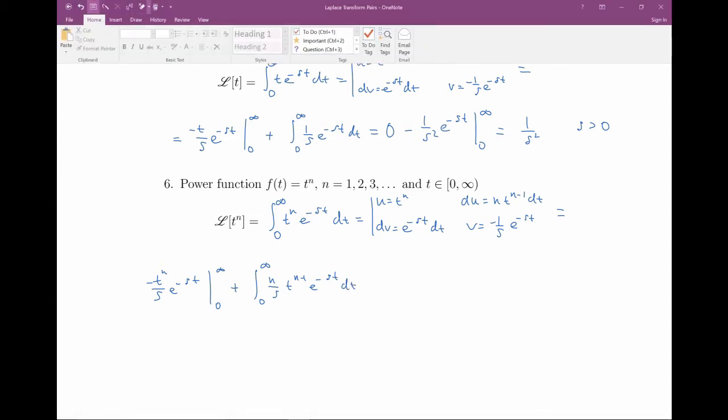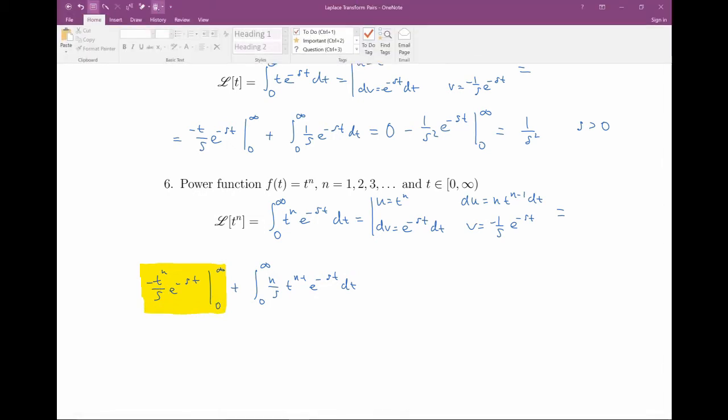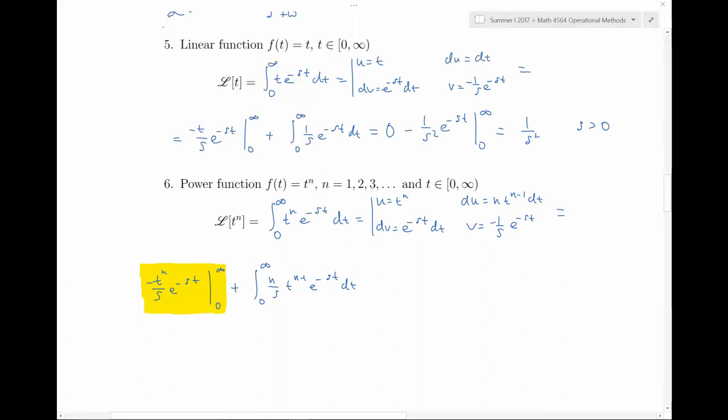Just as before, this quantity will actually converge to 0 at both endpoints. When t equals 0, it's 0 because we have t to the n power. When t goes to infinity, the exponential function wins the competition with t to the n and brings everything to 0.